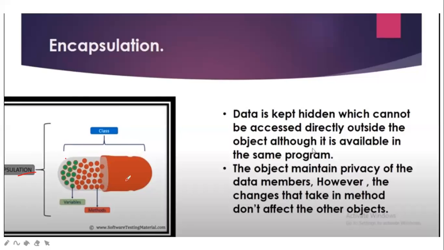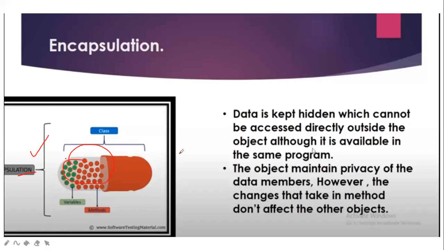Okay, now when we talk about the object oriented, we consider it as class. We take these green dots as variables, that is the attributes, and these particular red as the methods, and these are being bound together to form the class, and this process is called encapsulation. So data is kept hidden which cannot be accessed directly outside the object, although it is available in the same program. So it cannot be accessed directly.